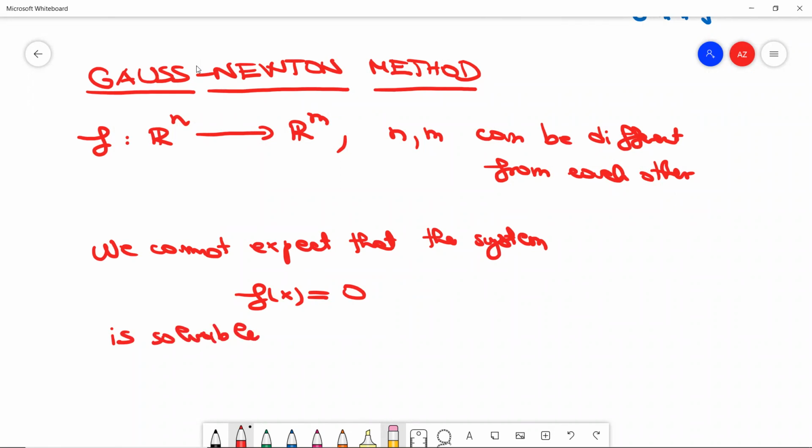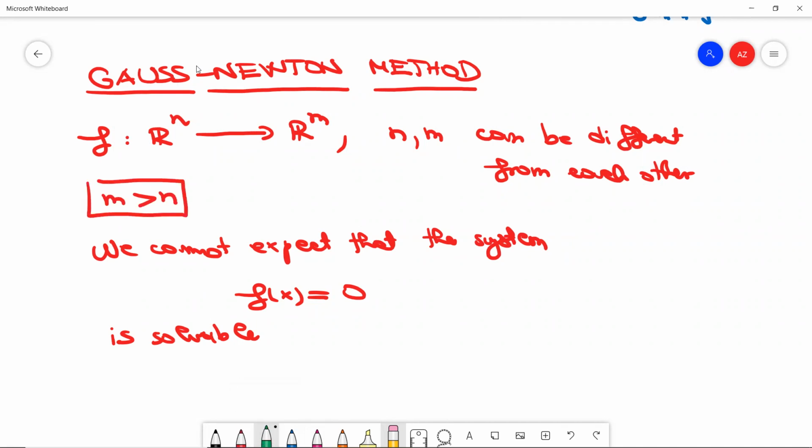Let's assume that m is bigger than n, which is the usual situation when there are more constraints than variables. So we have n variables and m constraints.